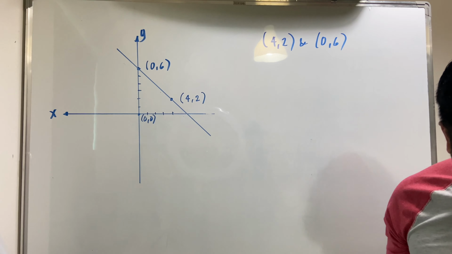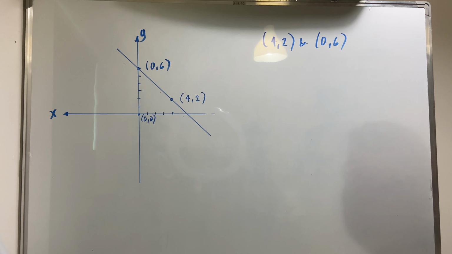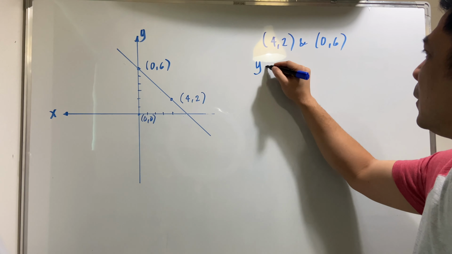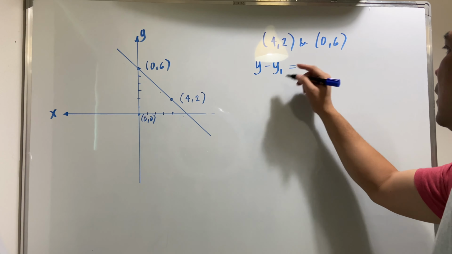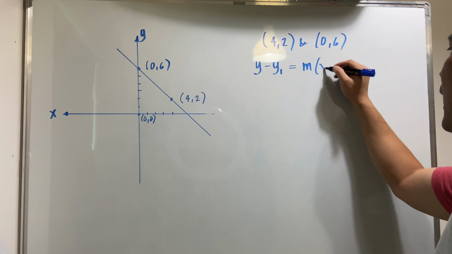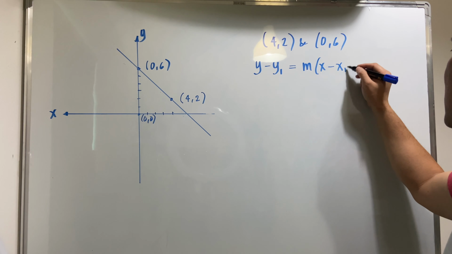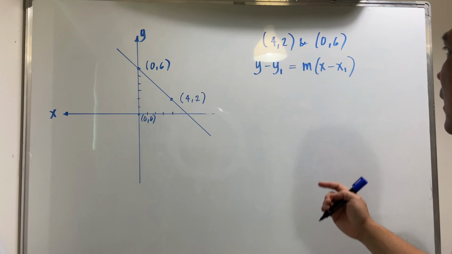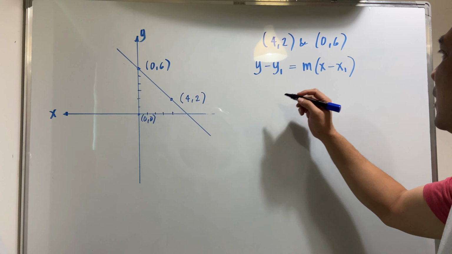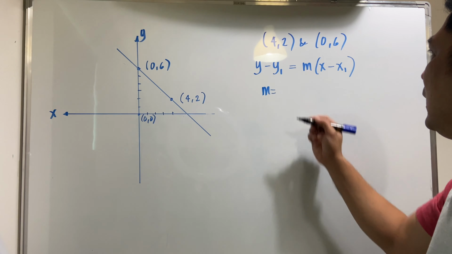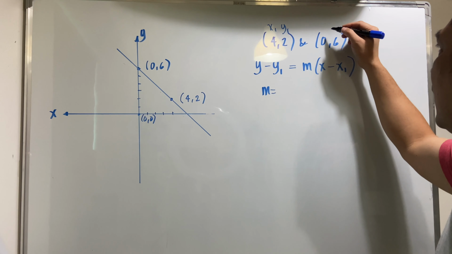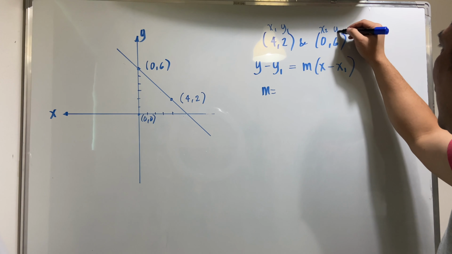How can we get the equation of the line? We have the point-slope form: y minus y1 equals m times x minus x1. We don't know m, but we can solve for m using our points. For example, this is your (x1, y1) and then (x2, y2).